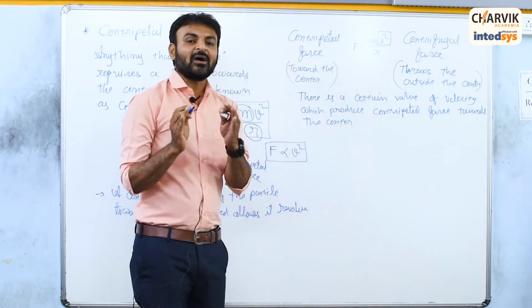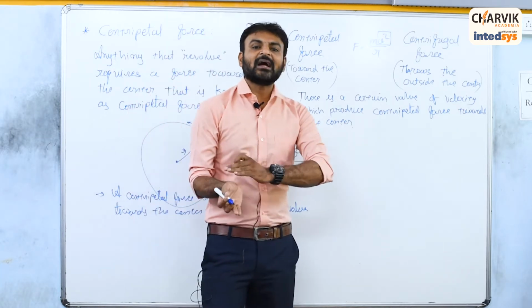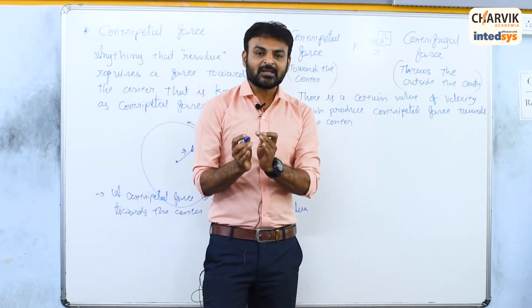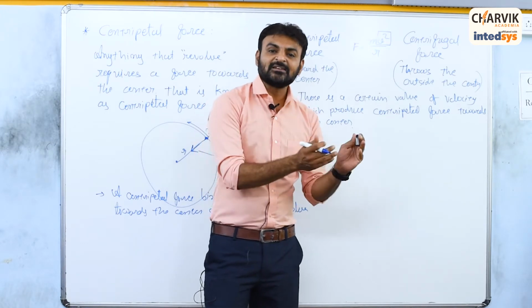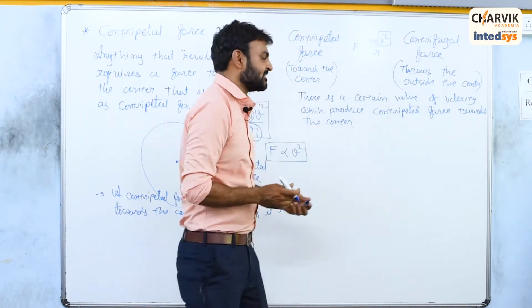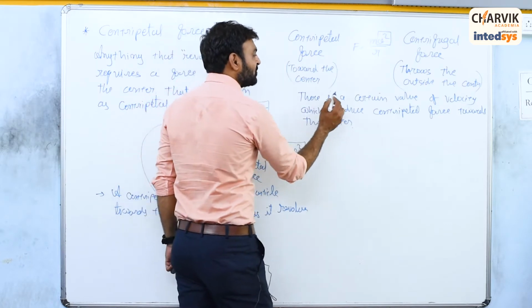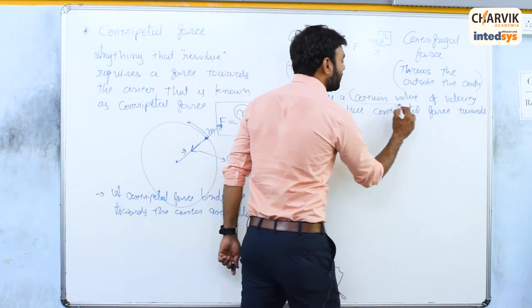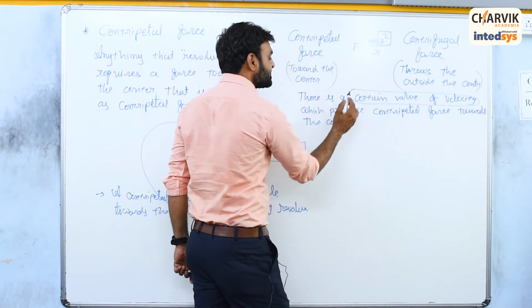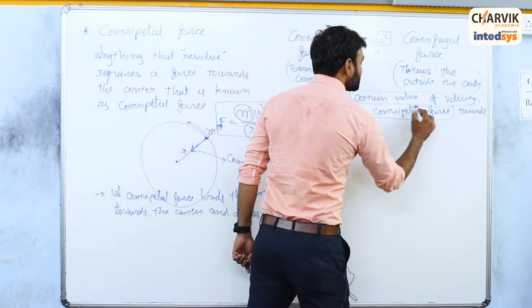There is a certain value of velocity. Up to that value, you are experiencing a centripetal force which is towards the center. Listen to me carefully. Up to that certain value of velocity, you are experiencing a centripetal force.